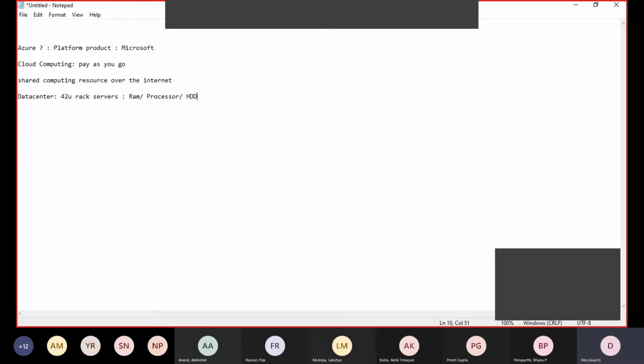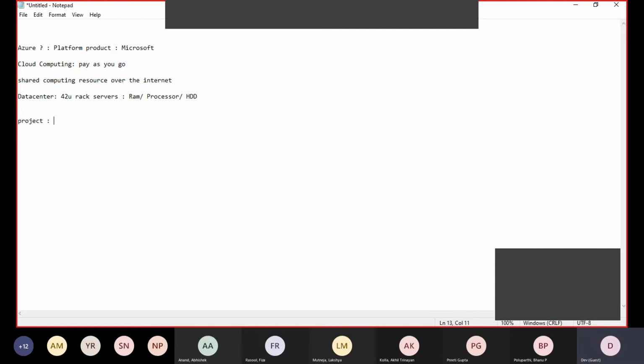Before this, it was traditional computing. In traditional computing, whenever a project came up, the organization needed to procure machines.